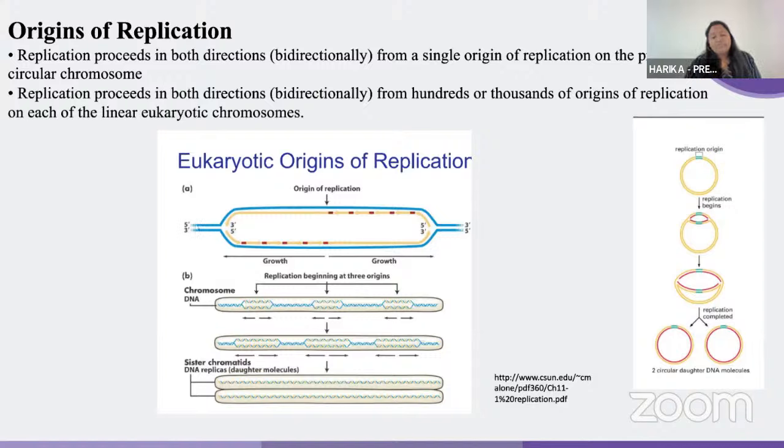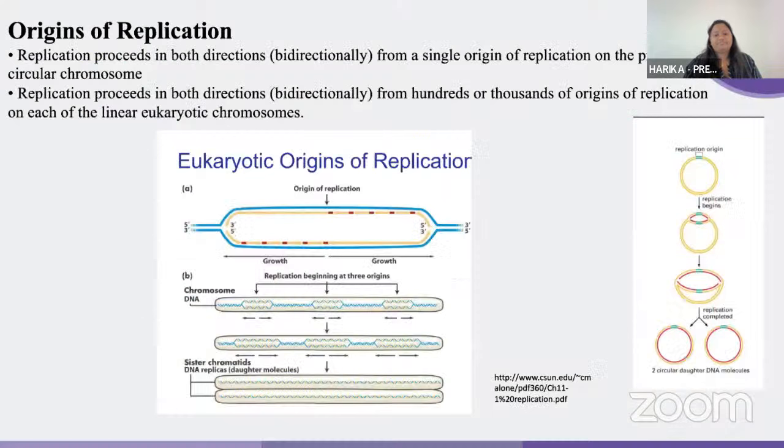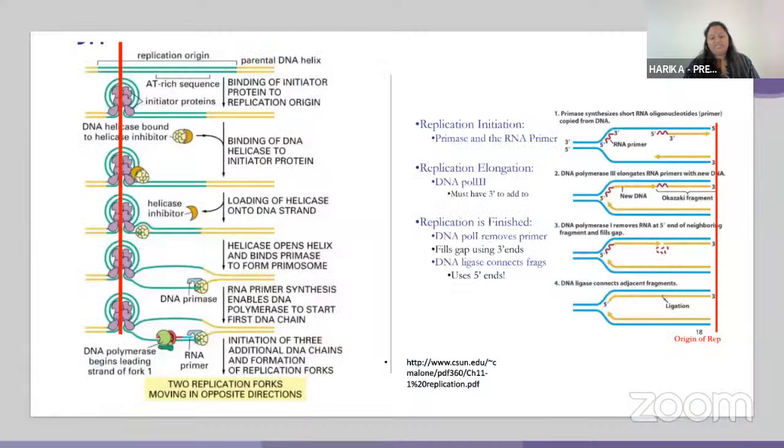Now, the basic DNA runs 5 dash to 3 dash, and again 3 to 5, right? This primase starts at 5 dash and ends at 3 dash.